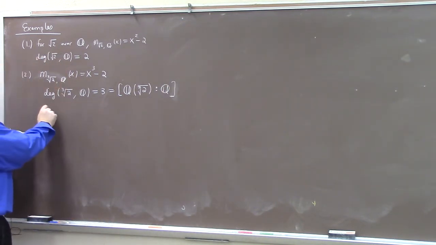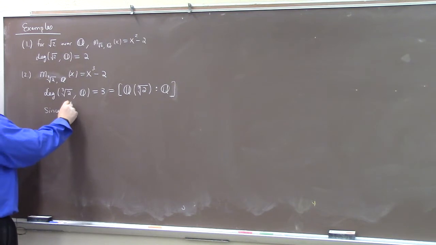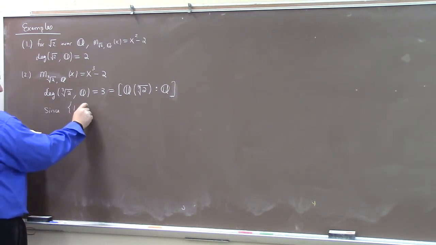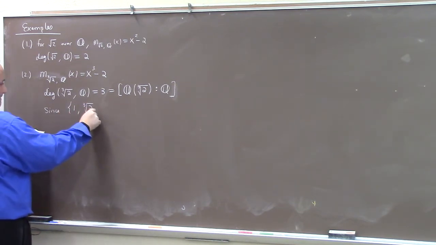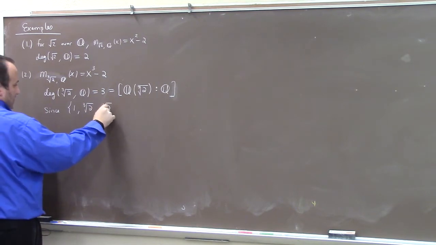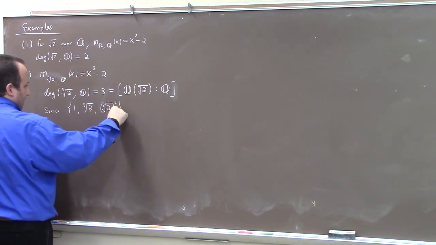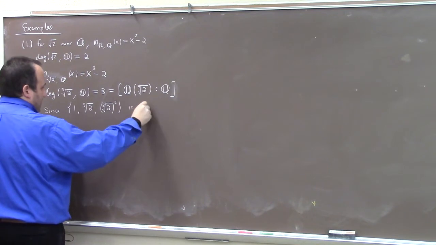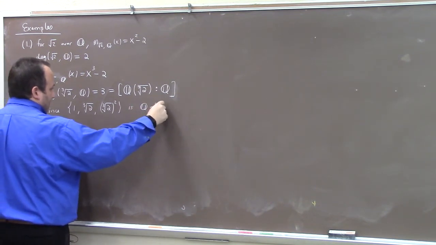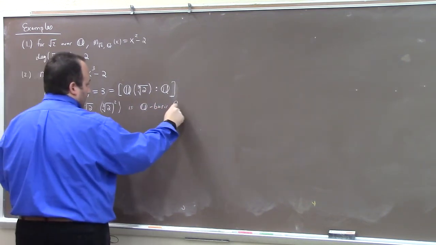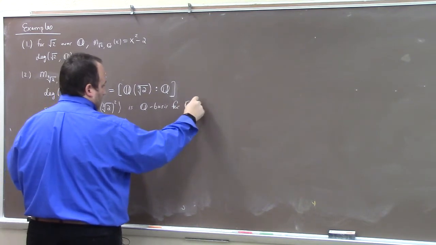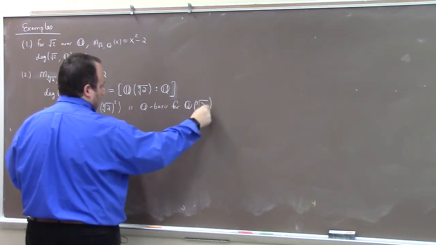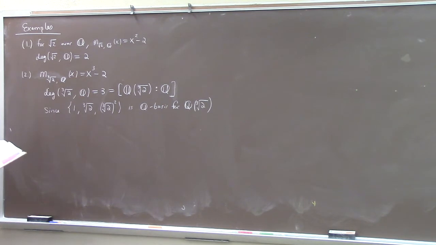Because, as we know, 1, cube root of 2, cube root of 2 squared, right, is a Q basis for Q adjoin the cube root of 2.